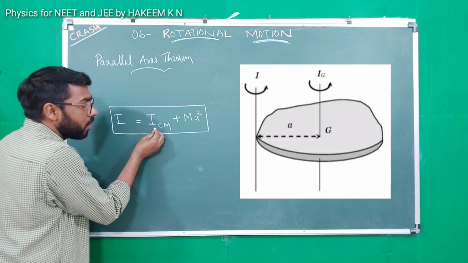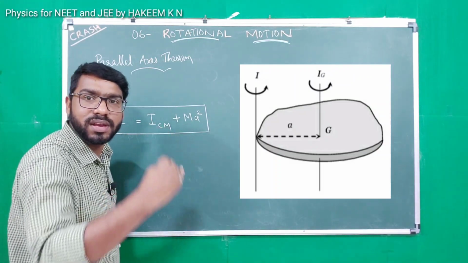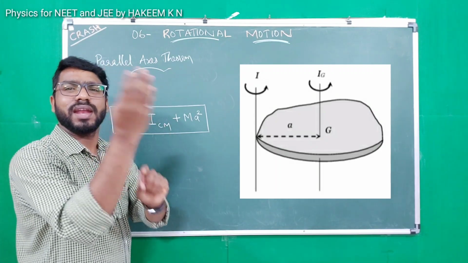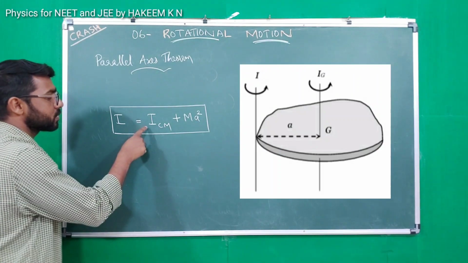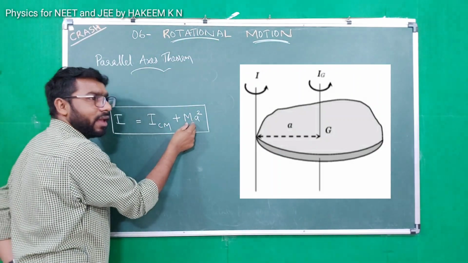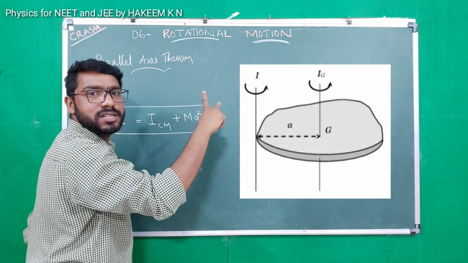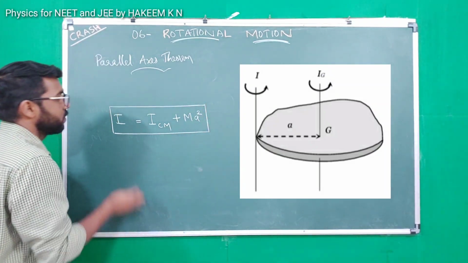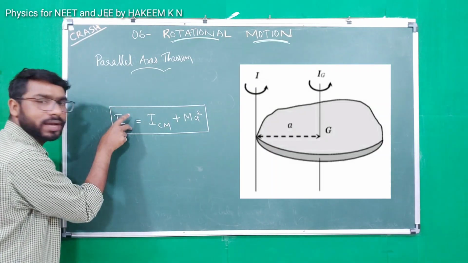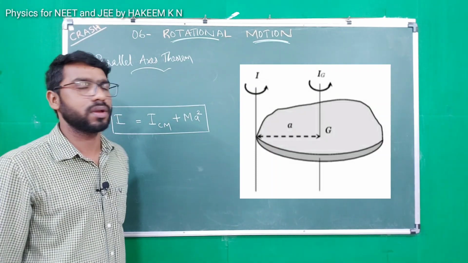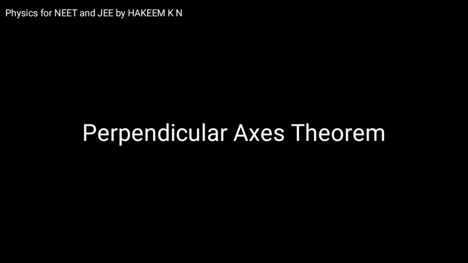So, ICM is the moment of inertia of the body when it is rotating about an axis through the center of mass, and capital M is the total mass of the body and A is the distance between the two axes. Distance between the two axes means between the ICM axis and the new axis of rotation. Okay, that is called the parallel axis theorem.